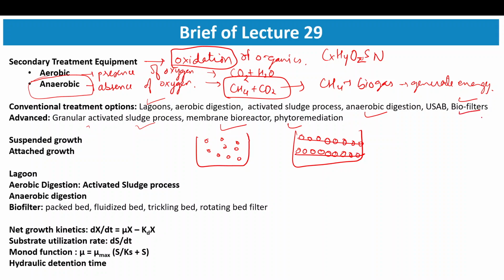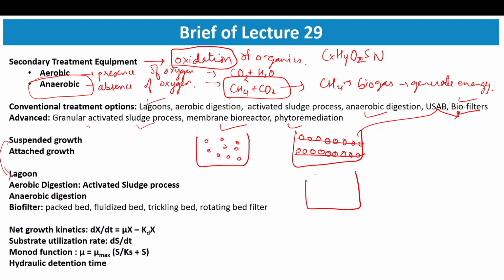Those are nothing but biofilters. So attached growth is nothing but biofilters. Suspended growth will have lagoons, aerobic digestion in the form of the activated sludge process, and it can be anaerobic digestion also.